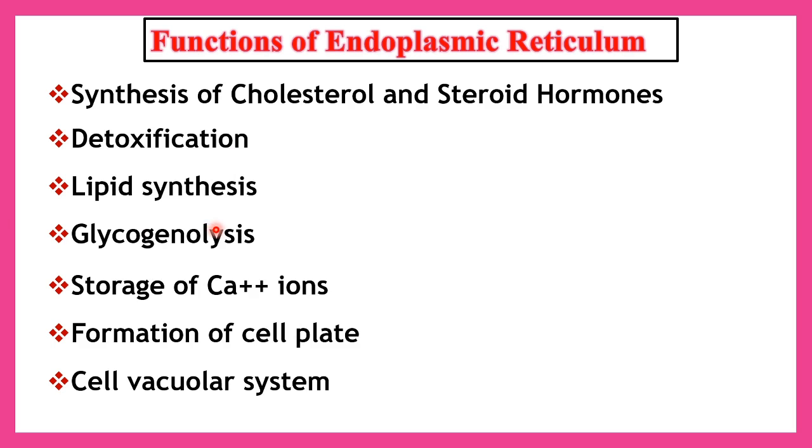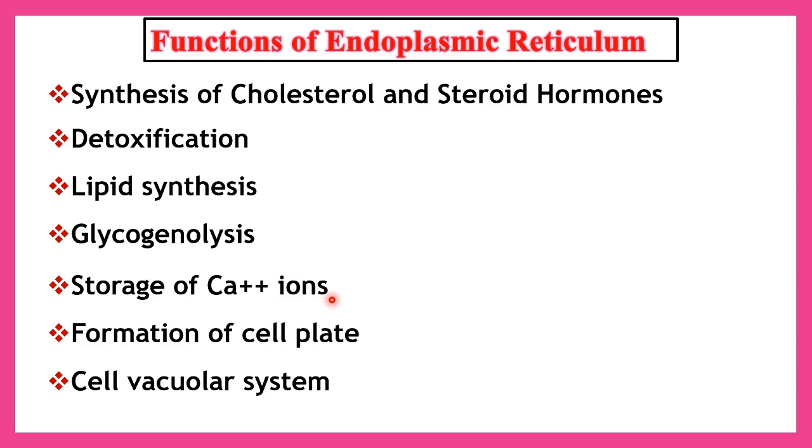It leads to the formation of glycoproteins, mucopolysaccharides, and glycolipids. This is called the glycosylation process. It is also involved in glycogenolysis, where reserved glycogen is broken down and formed into glucose.